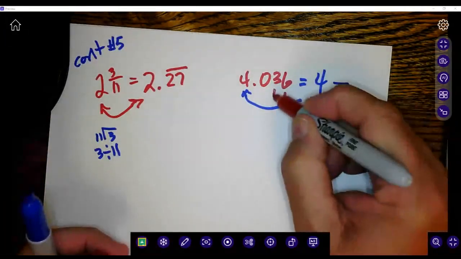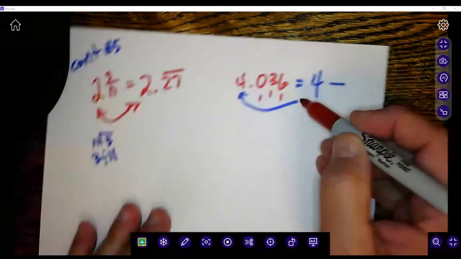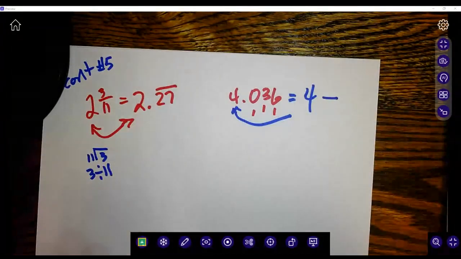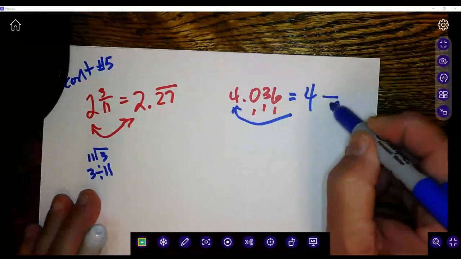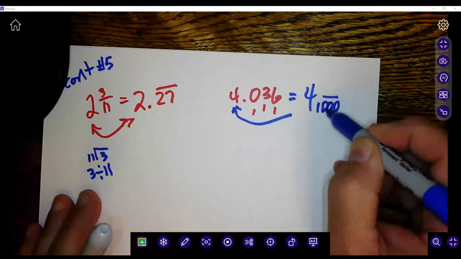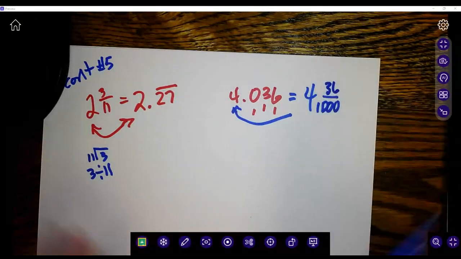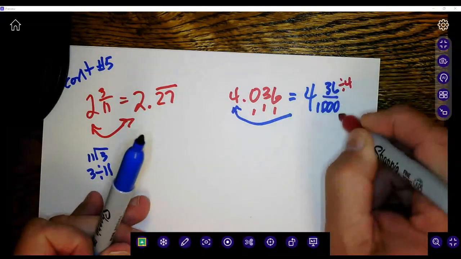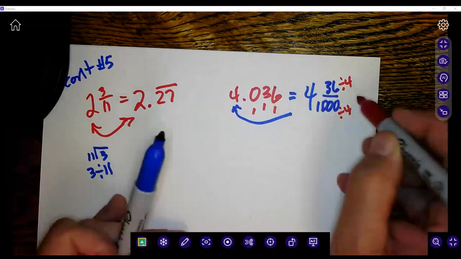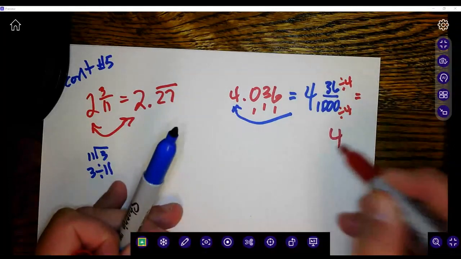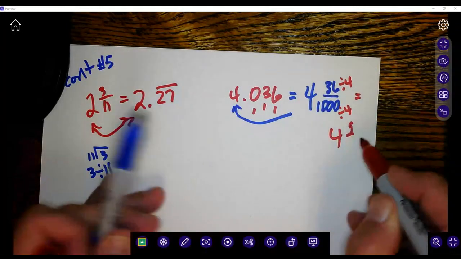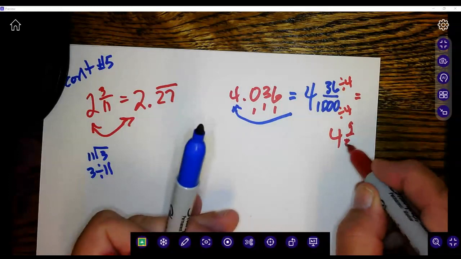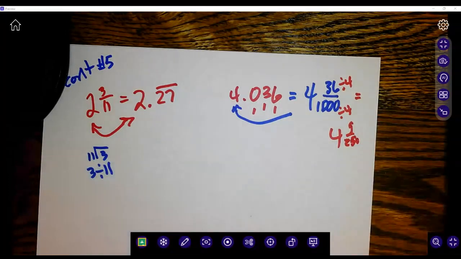Here I have 3 decimal places, so my answer has to have 3 zeros. And I used 36 again, but this is divisible by 4, and so is that divisible by 4. And so you would get 4 and 9 over 250.